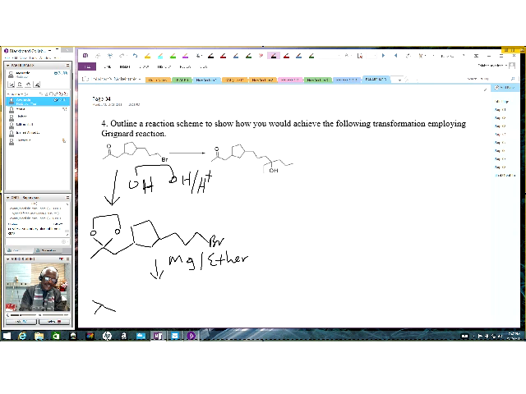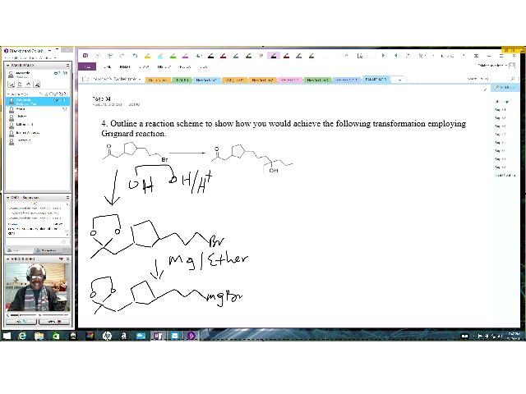We have the ketal in place. We now have our Grignard reagent.